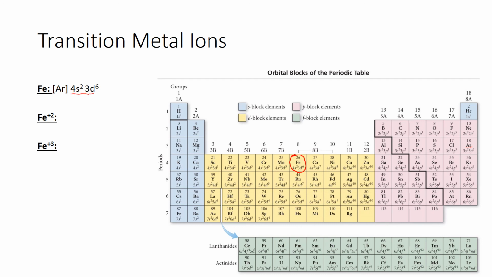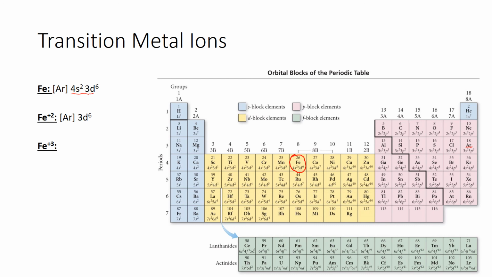When you start losing electrons, you're always going to lose from the S and P sublevels first. So when iron +2 forms, the 2 valence electrons that it loses are the ones in the S sublevel at that highest, 4th energy level. So the electron configuration for iron +2 is just argon 3d6, nothing in the 4s sublevel.